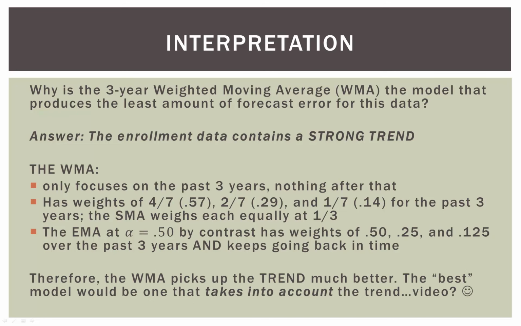Therefore, the weighted moving average for the 3 years, in our case, really picks up the trend much better. Now, the best model would be one that takes into account or sort of corrects for trends in data. Now, of course, will we be doing a video about that? Probably.